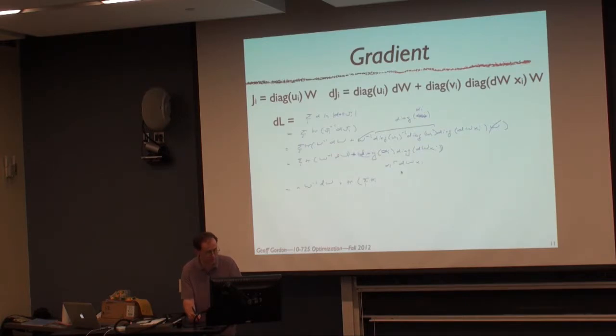So I'm also going to do one more thing, right? So I have the trace of this thing, and I can use trace rotation to bring the x to the front, right? So I will get trace of the sum over i of x_i alpha_i transpose, that whole thing times dW. Okay? You're right. There should be a trace on the first term.